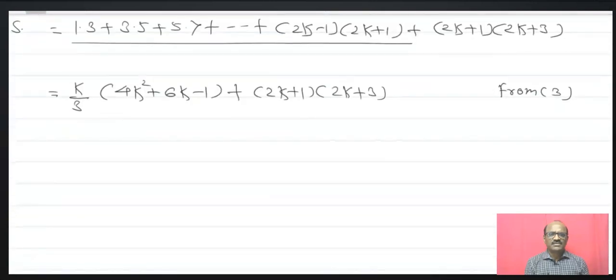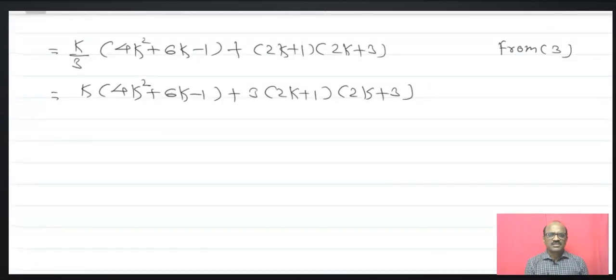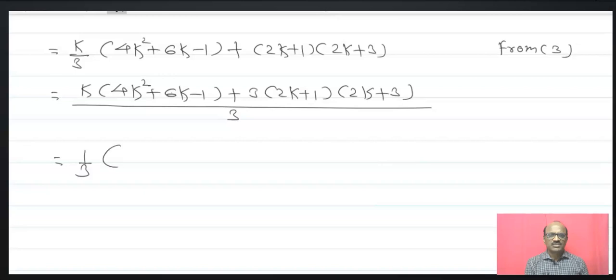Now simplify here. This simplification is important. That is k (4k square plus 6k minus 1) plus 3 (2k plus 1)(2k plus 3), upon 3, that is 1 upon 3.